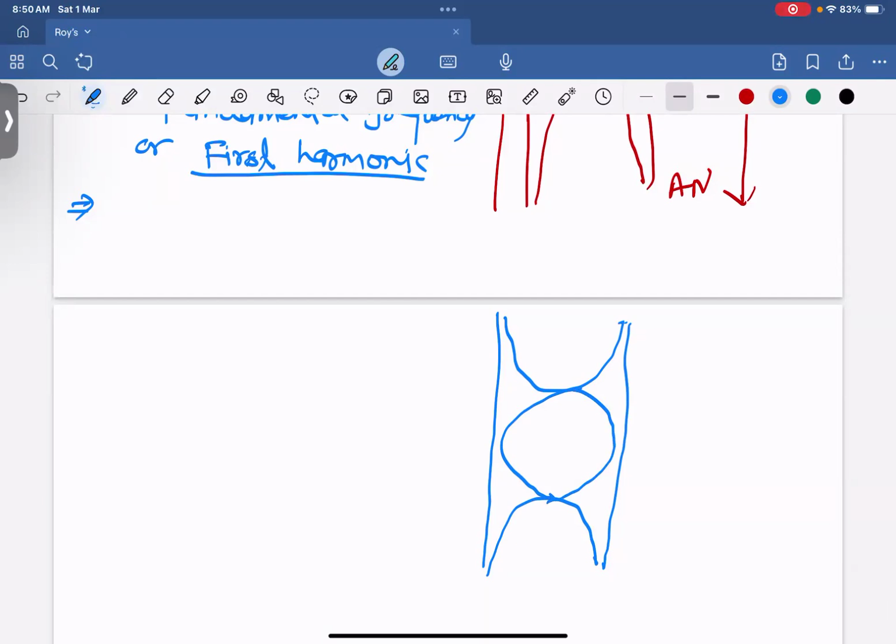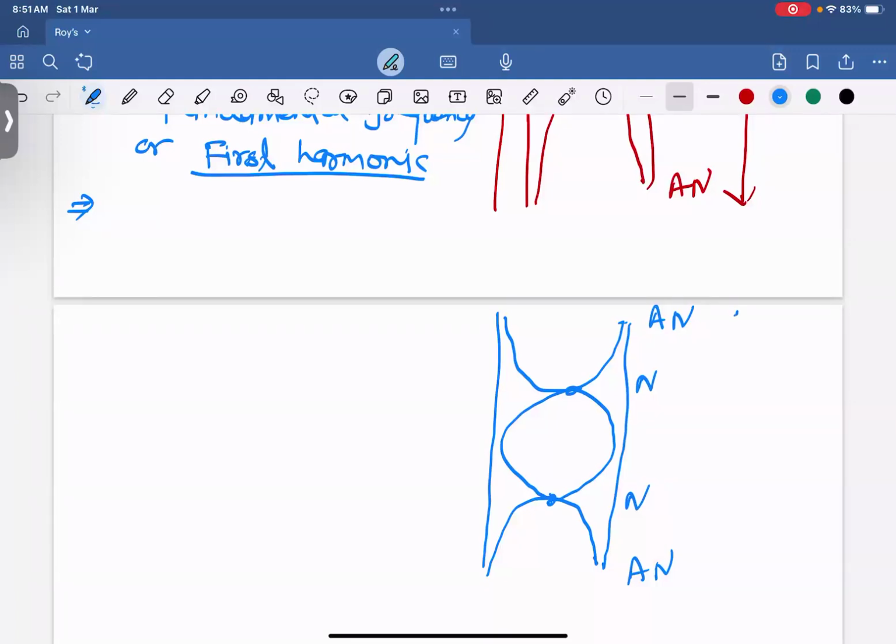So in place of one node, there are two nodes in between, and here an antinode, here also an antinode. This is the next mode that we call the second harmonic.